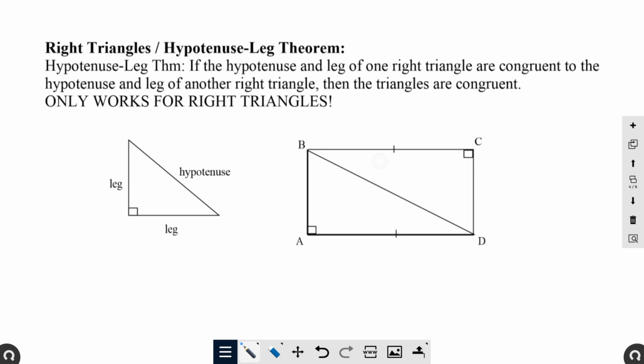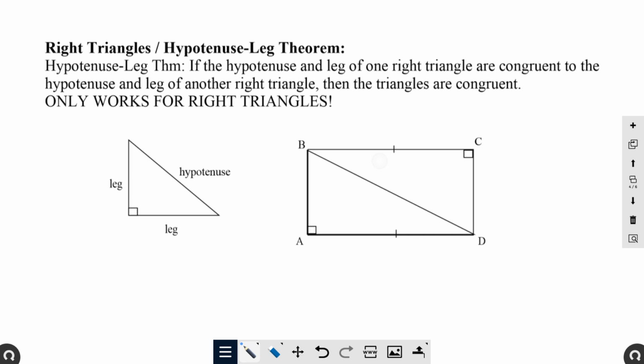So our hypotenuse leg theorem says if the hypotenuse and leg of one triangle are congruent to the hypotenuse and leg of another triangle, then the two triangles are congruent. Notice in this picture that shape ABCD is actually split up into two triangles, right?